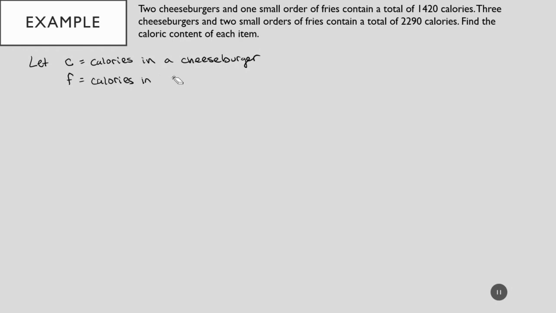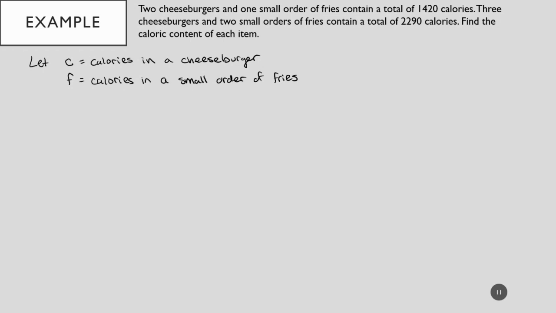If we want to be very specific, we should say in a small order of fries. That makes it very explicit what your variables are, so it's easy when you're solving to know what you just found. We call this defining variables, and it's your first step in any word problem.